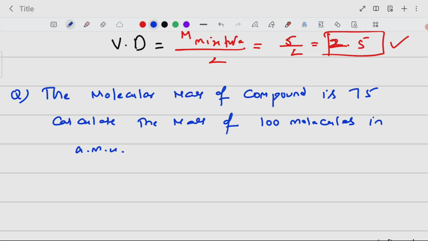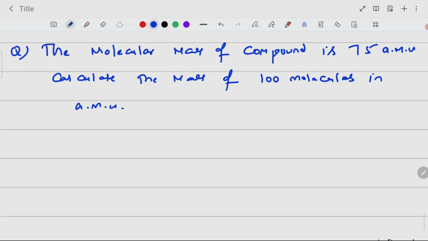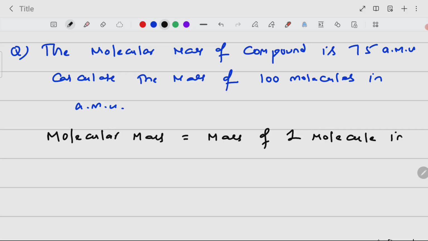See, how do we specify molecular mass? It is 75 AMU, because molecular mass we specify in AMU. Gram molecular mass is in grams. One should be very clear here. Molecular mass means the mass of one molecule in AMU, which is 75 AMU.